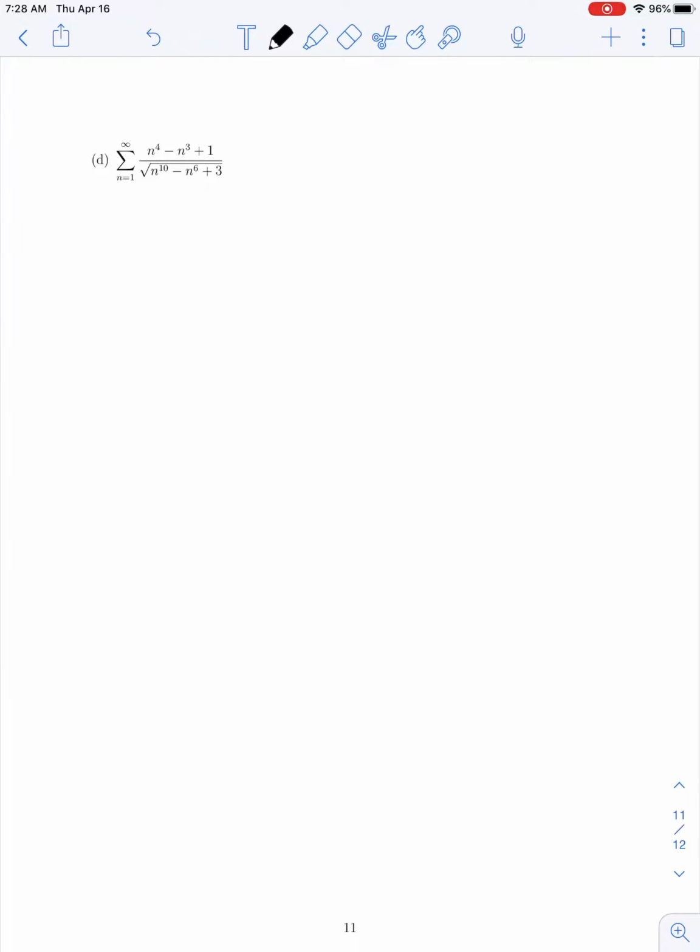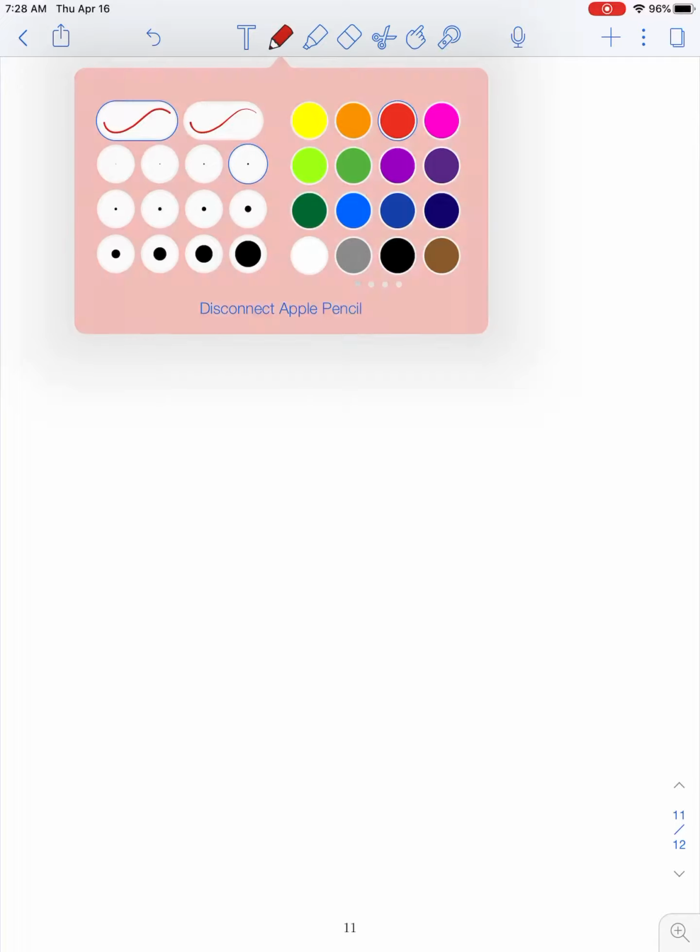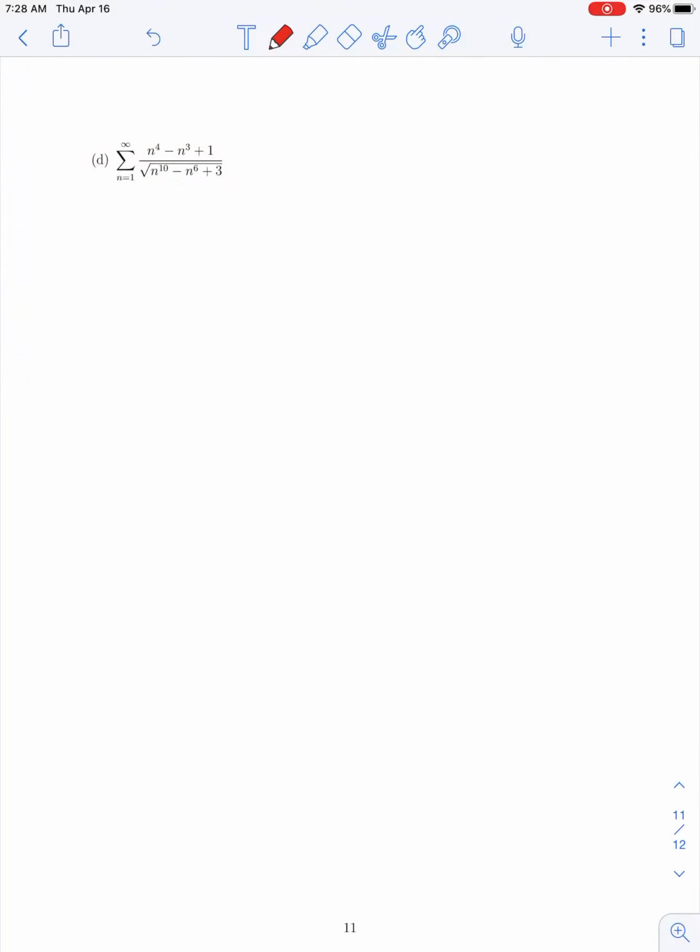And to determine what we're comparing with, we're going to look at the highest powers of n on top and bottom. So in the numerator, we have n to the 4th. And in the denominator, we have the square root of n to the 10th for our highest power. Now the square root of n to the 10th would be n to the 5th power.